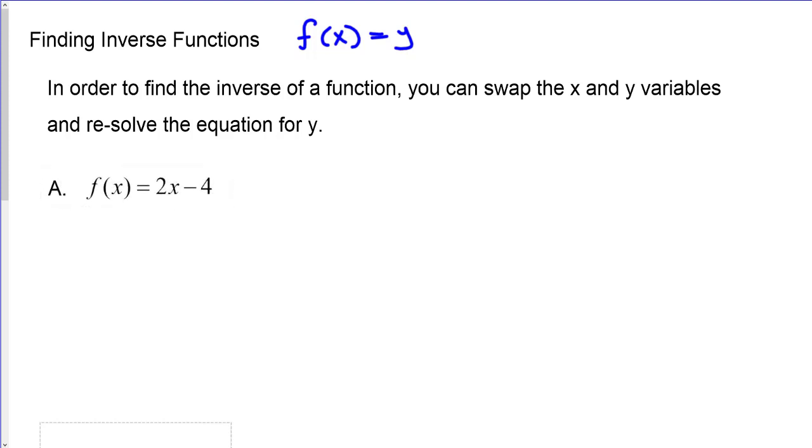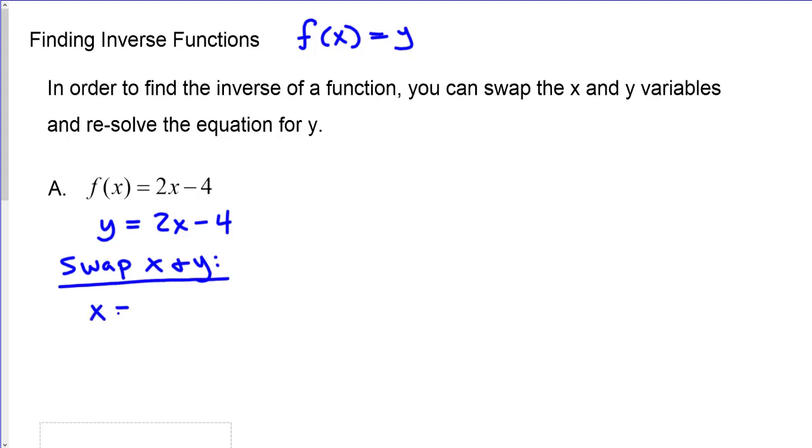So let's see how it works. If I have f of x equals 2x minus 4, then that's the same as y equals 2x minus 4, because as I mentioned, f of x is equal to y. Now we swap our x and y. So when I swap x and y, my function now looks like x equals 2y minus 4. Now I'm going to resolve the equation for y.